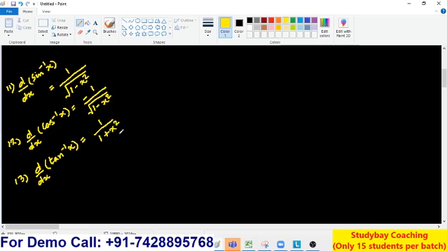In the same way, d by dx of cot inverse x will be equal to minus 1 upon 1 plus x square.